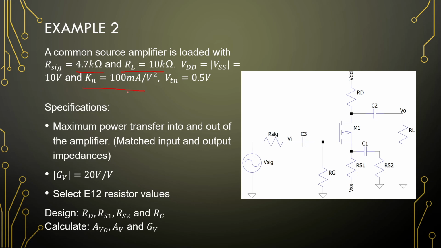Transistor transconductance of 100 milliamperes per volt squared and a threshold voltage of 0.5 volts. Okay, so we need to do maximum power transfer into and out of the amplifier. This means that we should match input and output with a specific gain of 20 volts per volt.